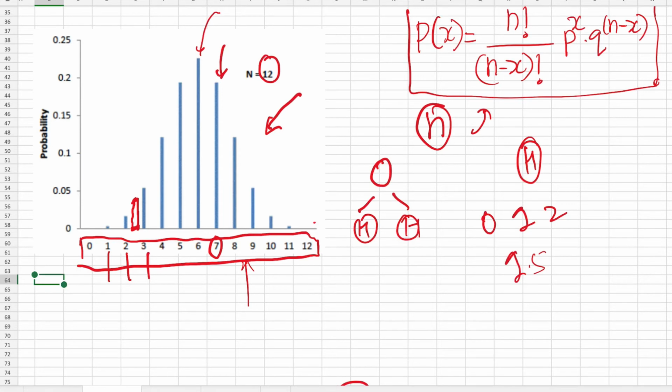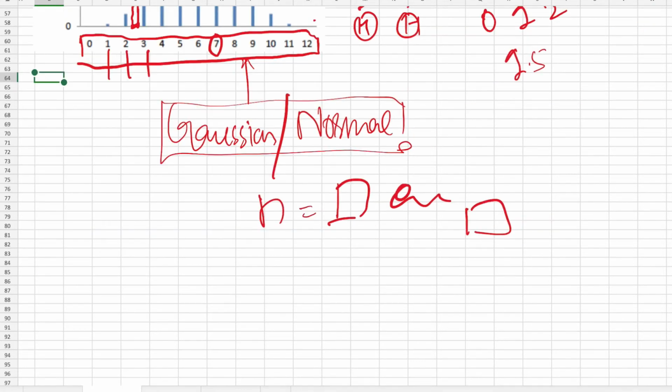Due to these two limitations, we must have something else in our hand, and these two limitations give birth to another distribution, which we call Gaussian distribution or normal distribution. This Gaussian or normal distribution is something we can use while implementing a machine learning algorithm for our specific use case. So let's talk about this Gaussian distribution.